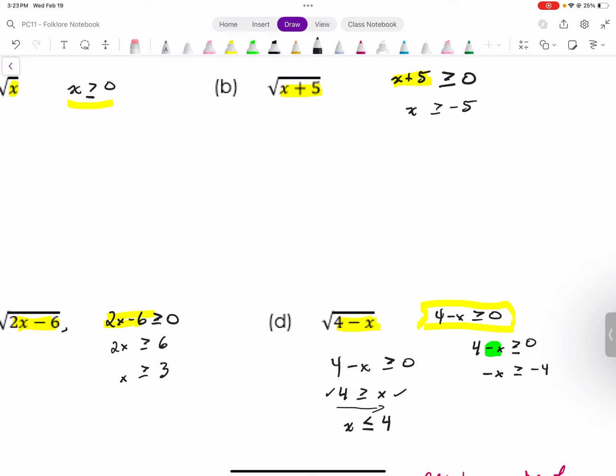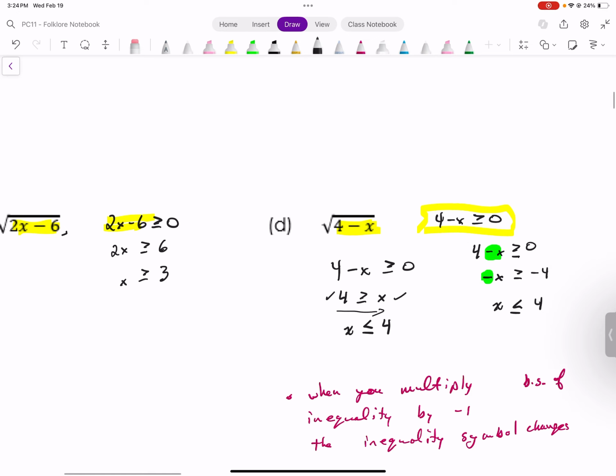Since I subtracted 4 from both sides, my inequality sign remains. However, perhaps now I would really like to get rid of that negative sign. The way that I can get rid of the negative sign is to multiply both sides by -1. However, when you multiply both sides of the inequality by -1, the symbol changes direction.